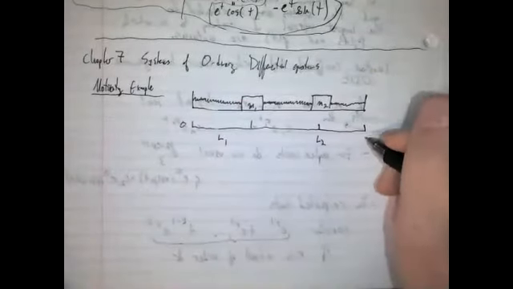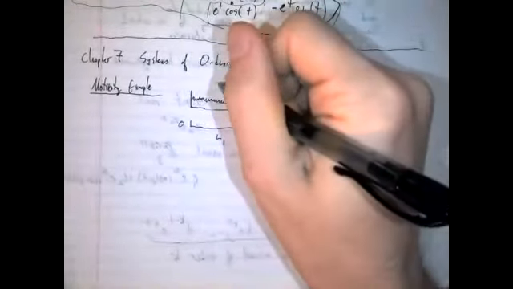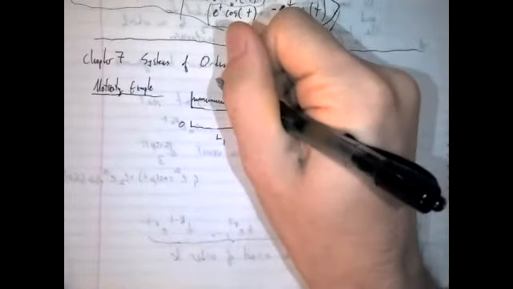And then I'll call the full length of this one-dimensional box L3. And of course, I have spring constants that I have to remember for each spring. So this will have spring constant K1, and this will be spring constant K2, and this will be spring constant K3.